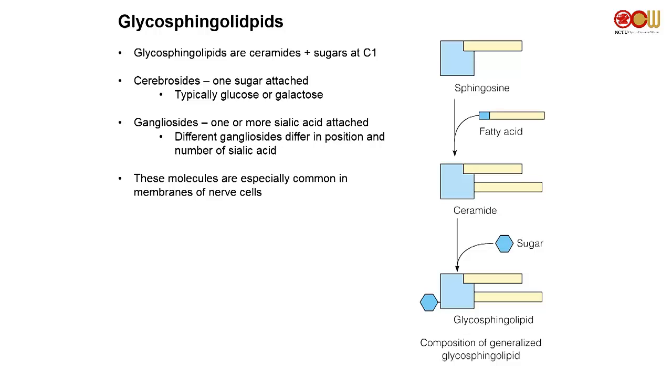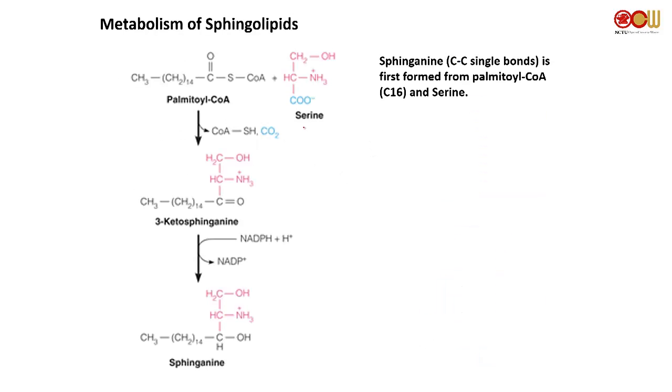Gangliosides have a lot more, with different numbers of sugars at different positions, and they have sialic acid, a sugar acid. Minor detail. These molecules are especially common on membranes of nervous cells.